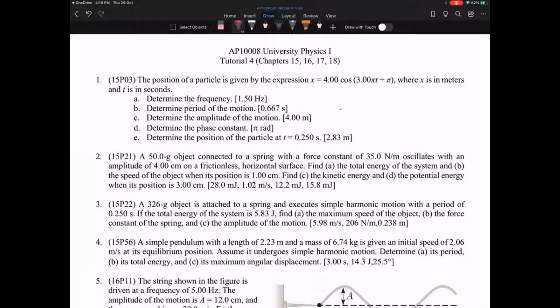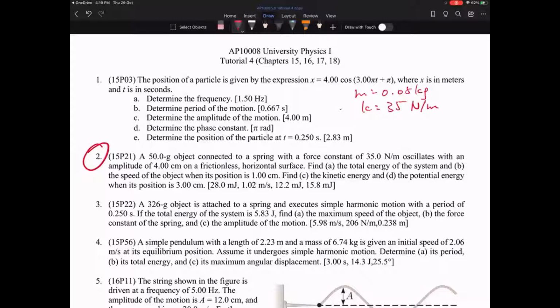So you have basically question 2. M is equal to 0.05 kg. K is equal to 35 Newton per meter.